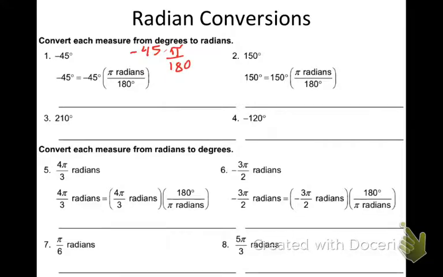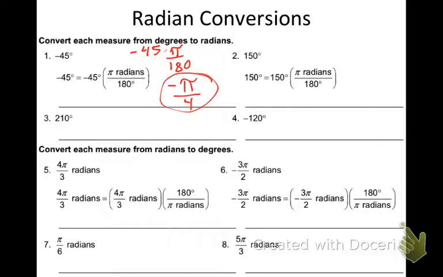Some people like to multiply then simplify. You can cross multiply or cross simplify; it does not matter. How many times does 45 go into 180? 4 times, right? So I get negative pi over 4. That's in radians, and all we did was simplify.